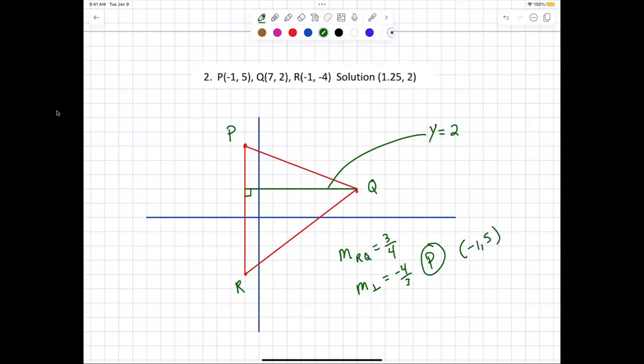So from P, if we go down 4, 1, 2, 3, 4, and then we go to the right, how many are we supposed to go? 3. That looks like that line right there.